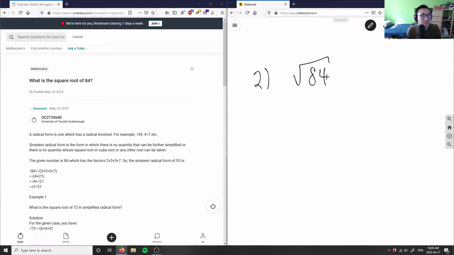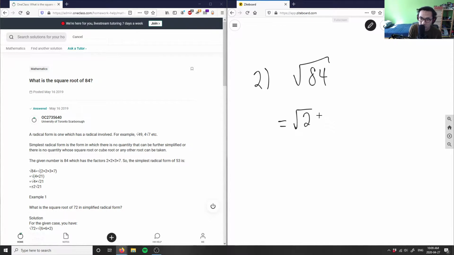In order for me to simplify this, I can divide this number by its prime factorization, right? So I can see which number divides into 84. If I have an even number, which is 84, I would probably take out 2 first, right? So let me take out 2 first.